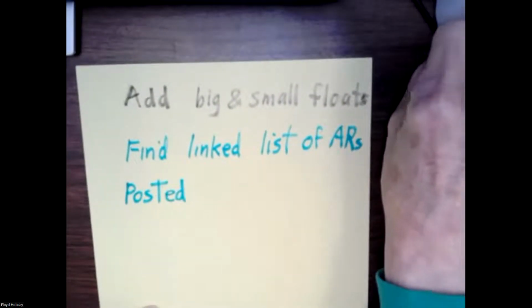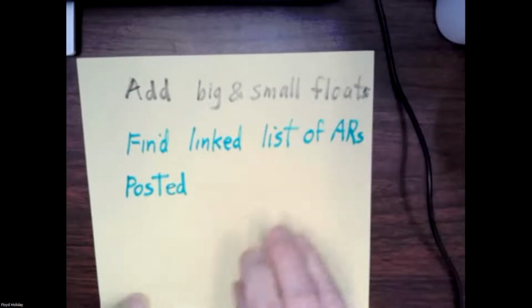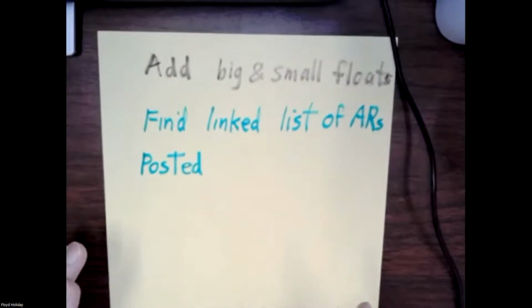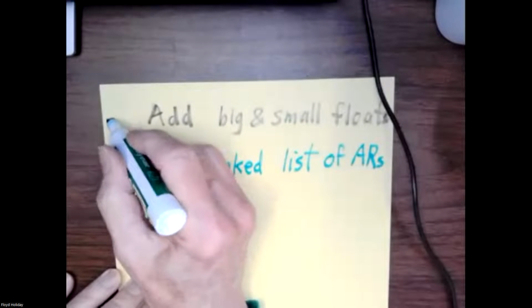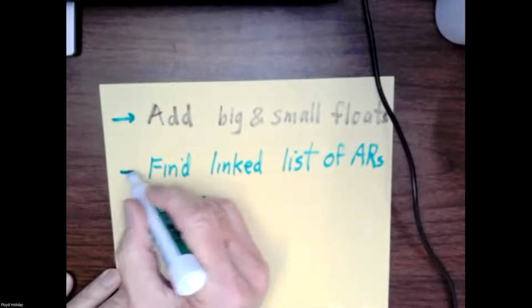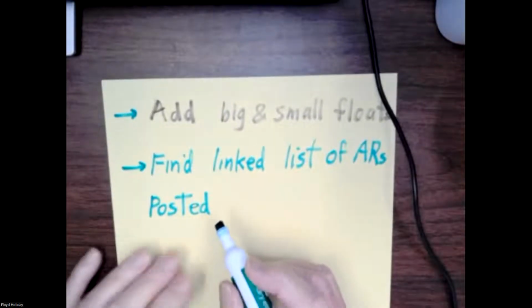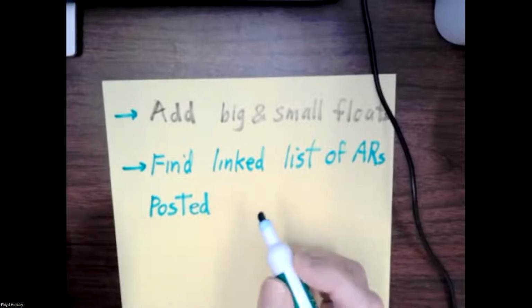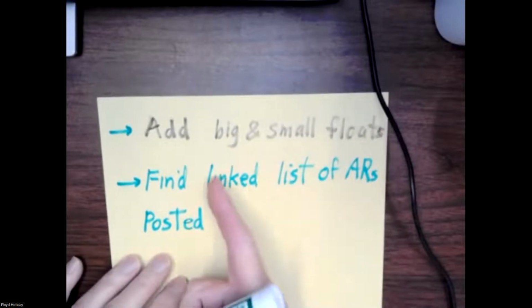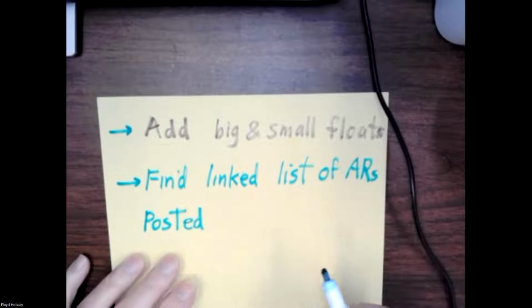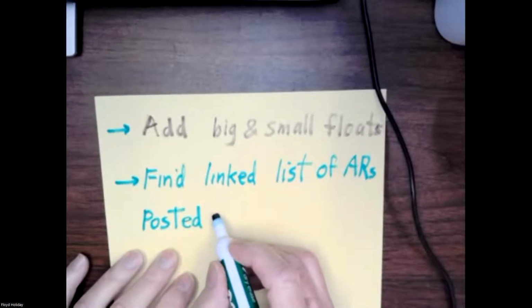Okay, I'm trying to get the mouse wire out of the way. Okay, so I think this is done. And this is done. And earlier today, I posted the same program I use to demonstrate the linked list of activation records.